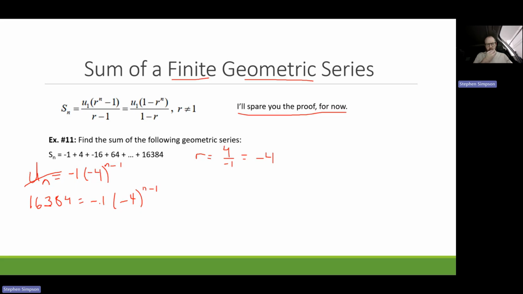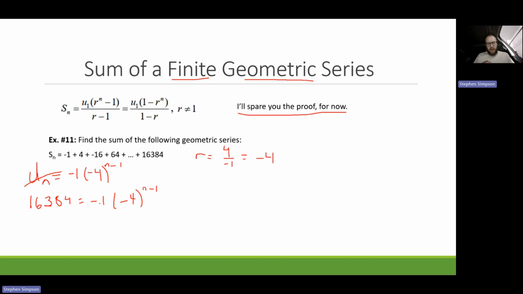Okay, so -4 times what? Or sorry, how many -4s does it take me to get up to 16,384? I could solve this algebraically using a logarithm, but you might not even know what a logarithm is yet. So instead, let's just type it in our calculators.